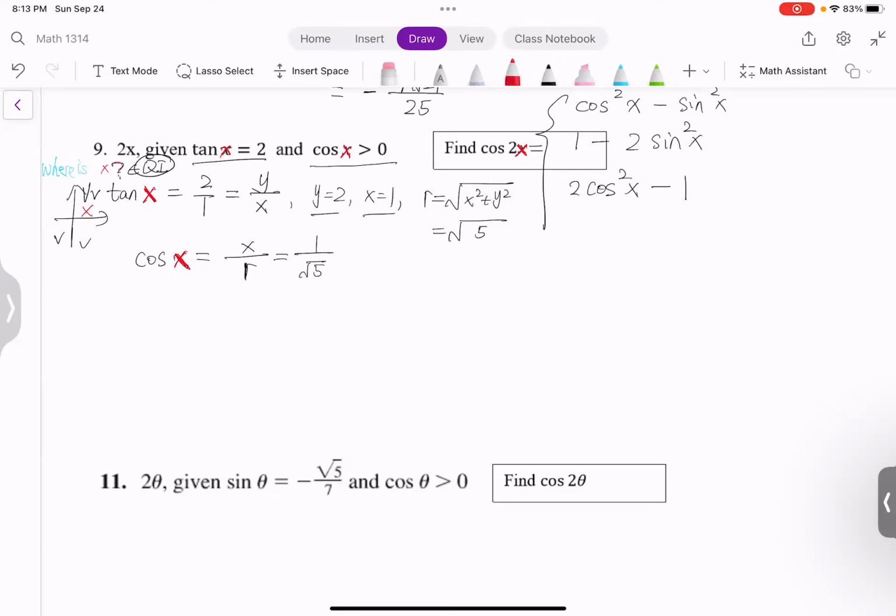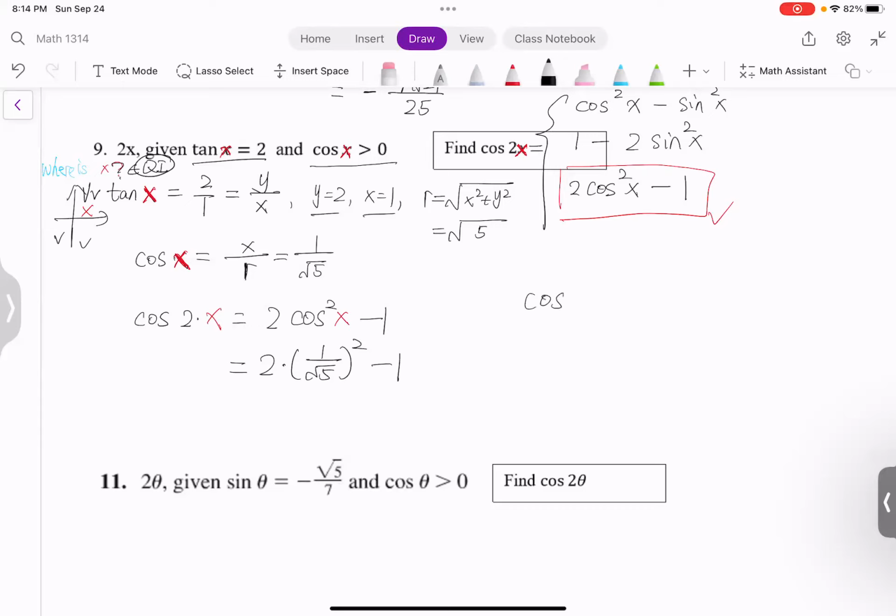And if I'm looking for cosine 2 theta, let's choose this formula. So I have cosine 2x equals 2 times cosine x squared minus 1. And then we have 2 times 1 over square root of 5, all of them squared, minus 1. Remember that it is cosine x squared.